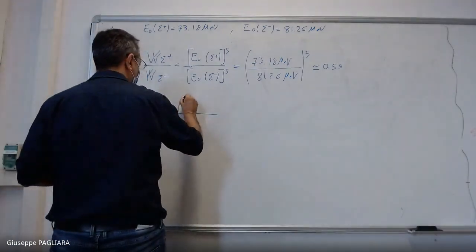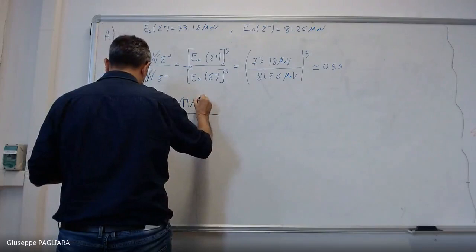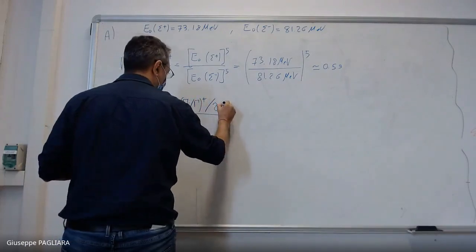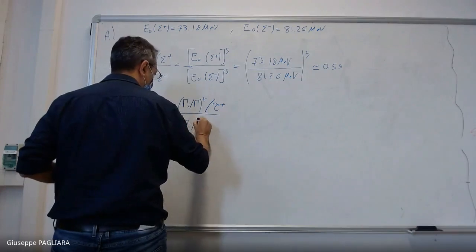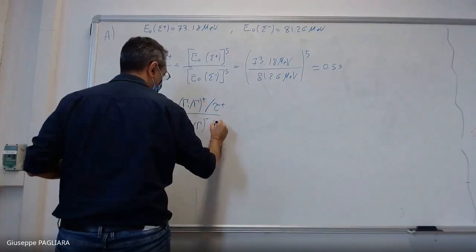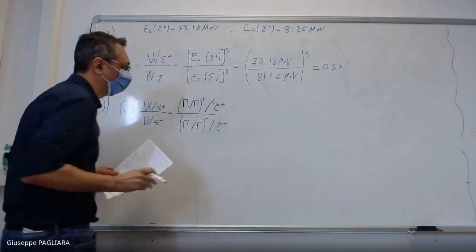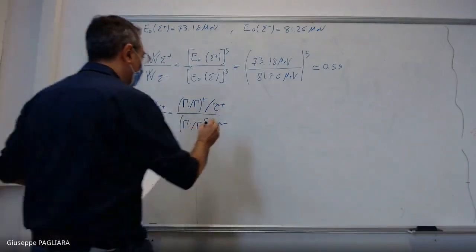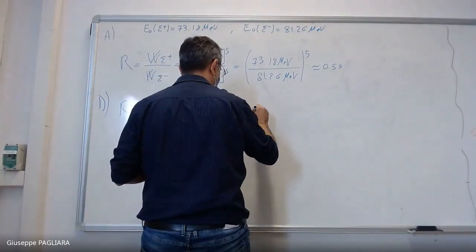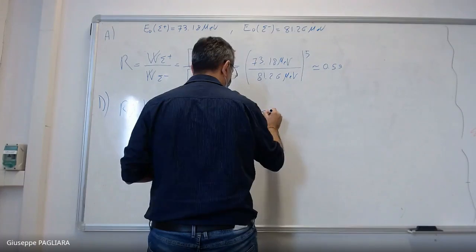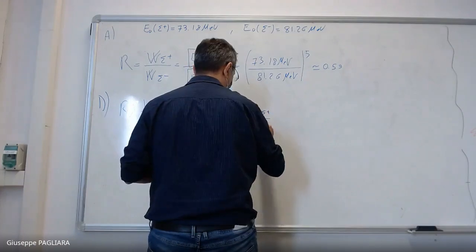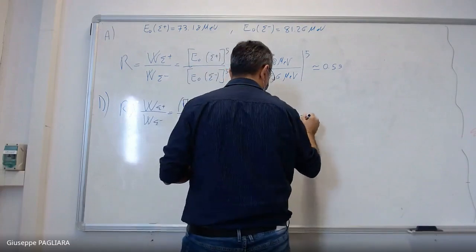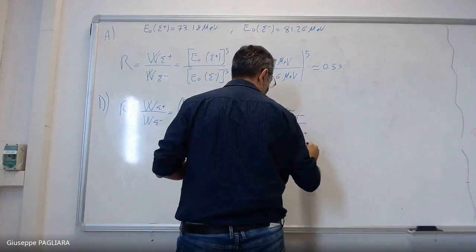So this is gamma i divided by gamma tot for the plus case divided by tau plus, and gamma i divided by the total gamma for the minus case divided by the decay time for the sigma minus. So this is nothing else than the branching ratio for the sigma plus divided by the branching ratio for the sigma minus times the decay time of the sigma minus divided by the decay time of the sigma plus.